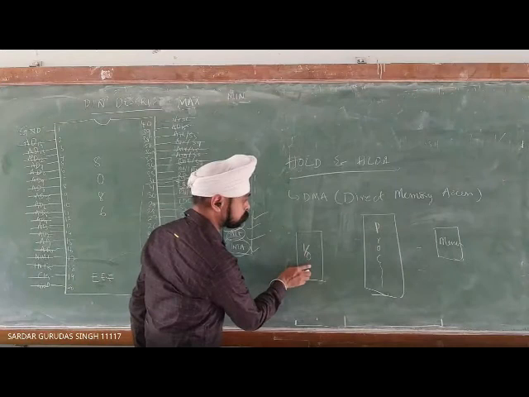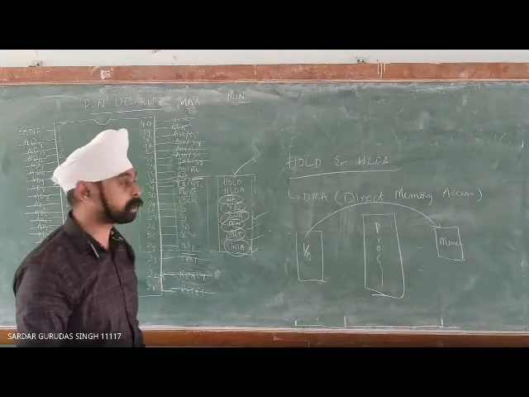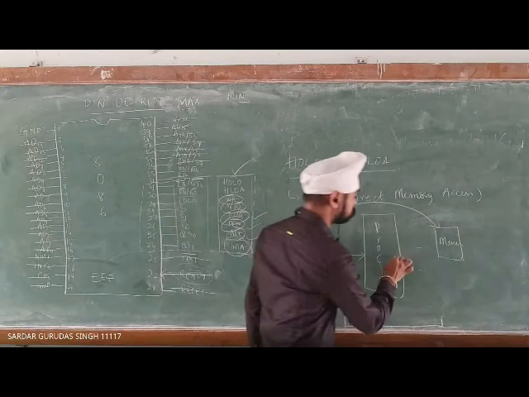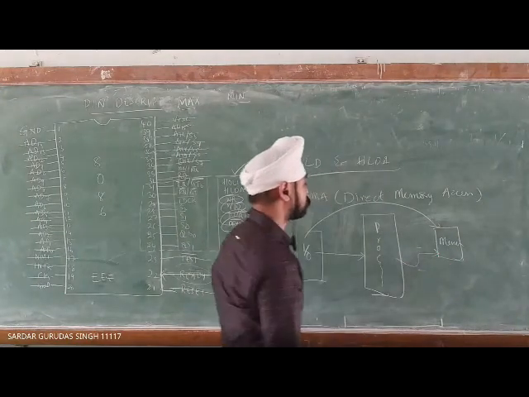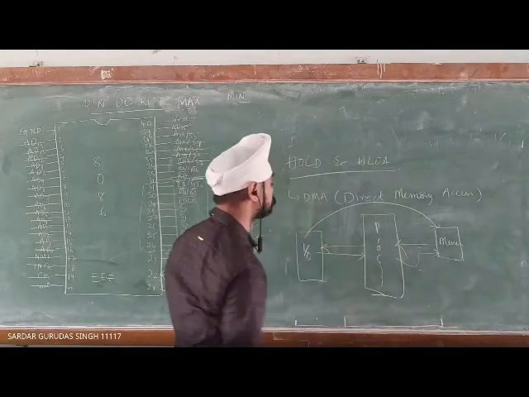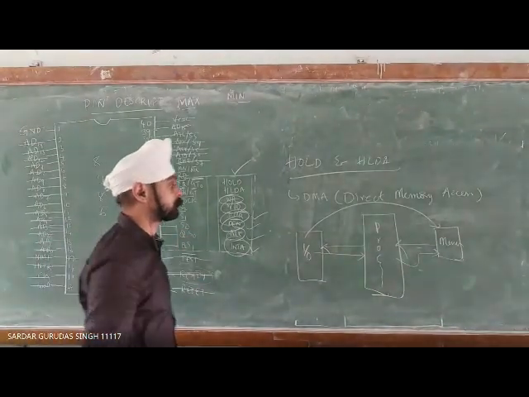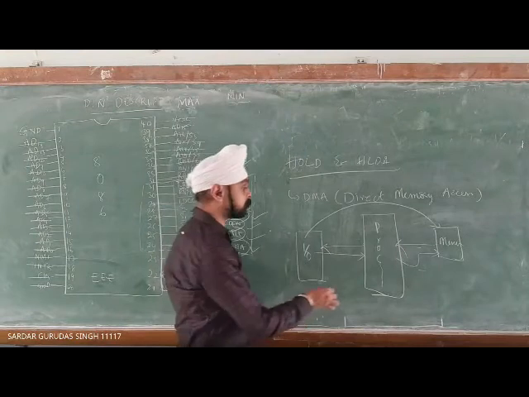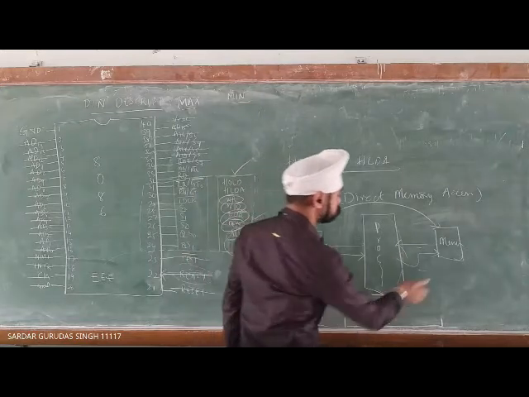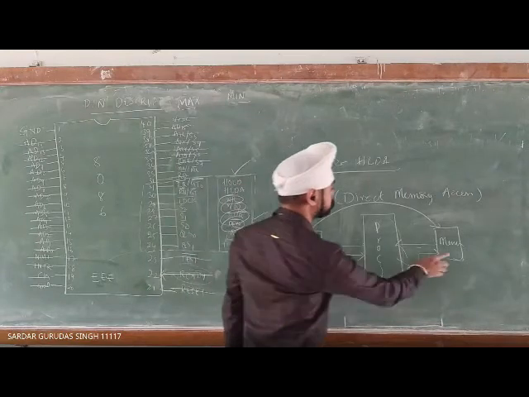If this input output wants to access memory, the general scenario is the IO first sends the request to processor, then the processor will request to memory, then the memory will send the information to the processor, then the processor will send it to the IO. This is the general procedure. Now here, unnecessarily, your processor is hanged between these two things, IO and memory, because IO wants to access memory.